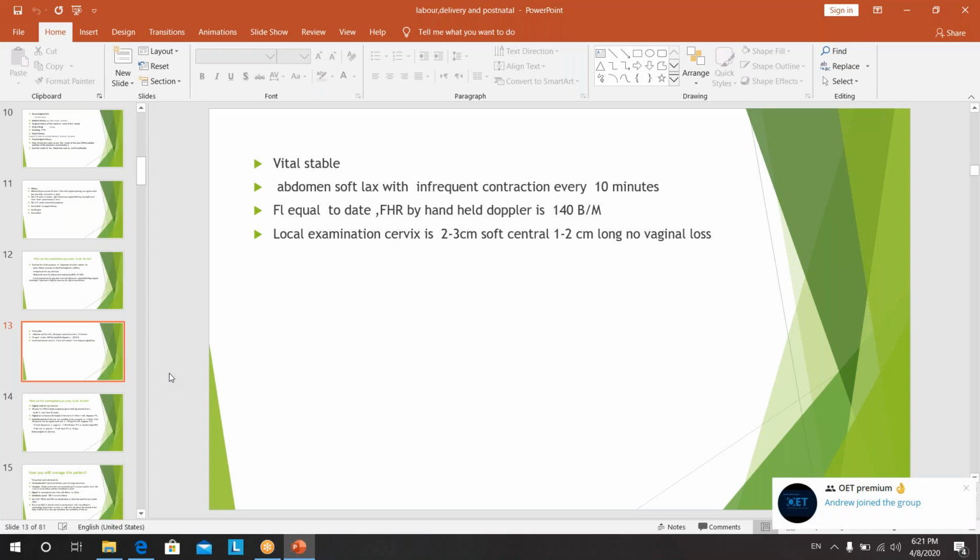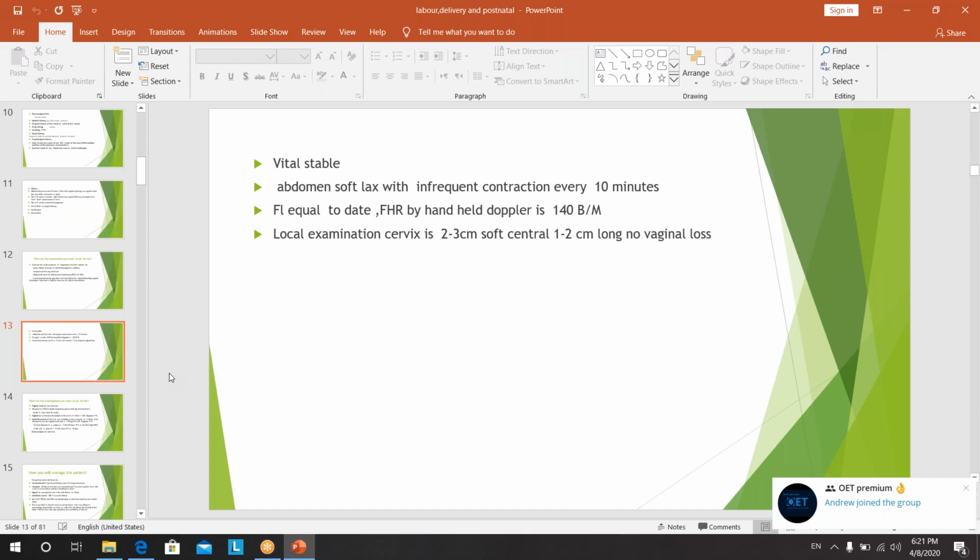Okay, Dr. Burnima. After the investigations you did for this patient, you diagnosed this patient in preterm labor. So how will you manage this patient? So she's 31 weeks, gravida 2, and she's in labor, early phase of labor.